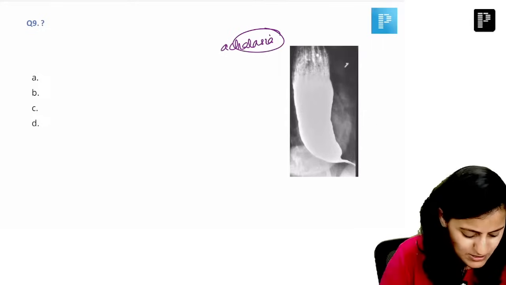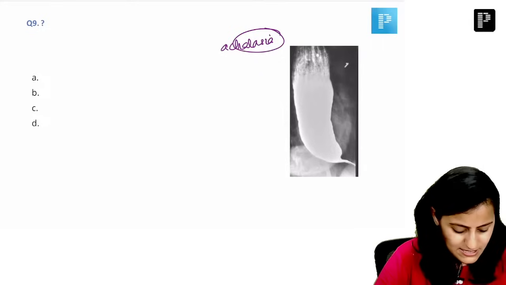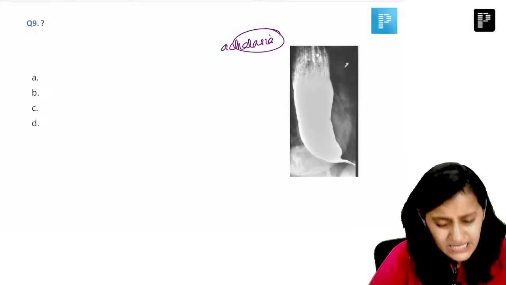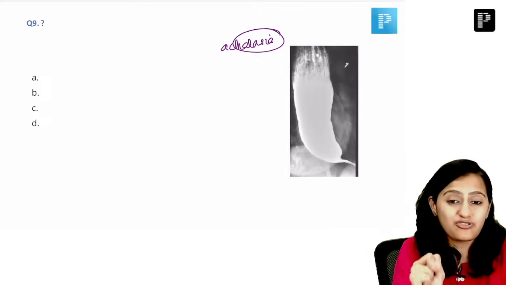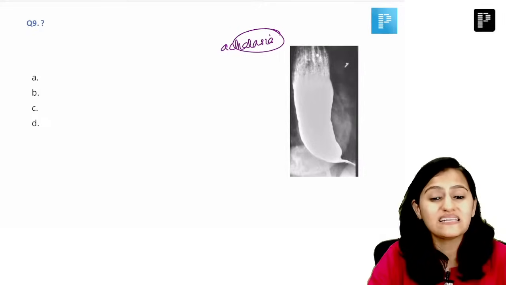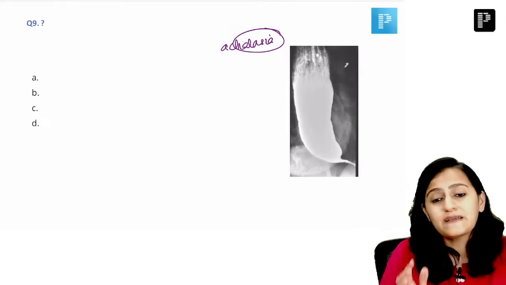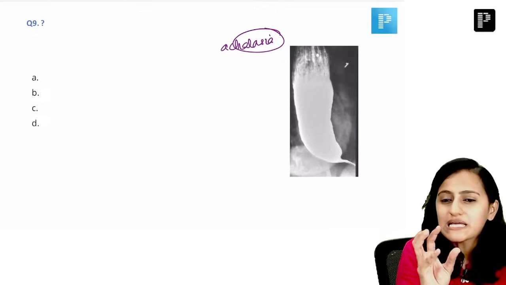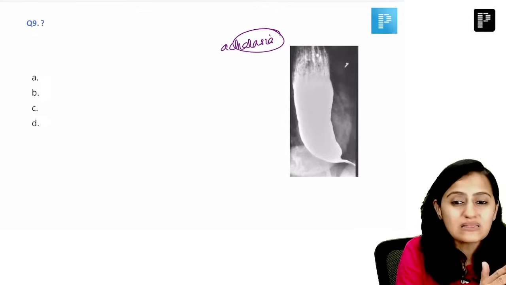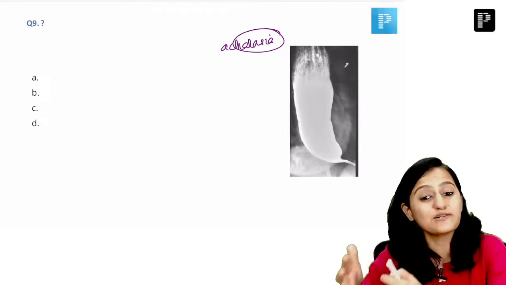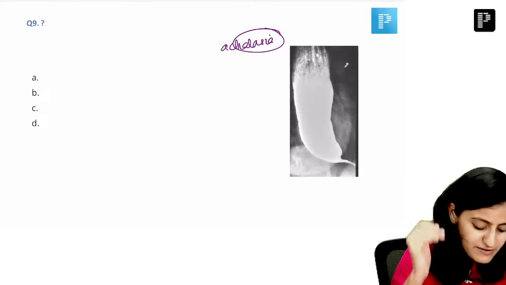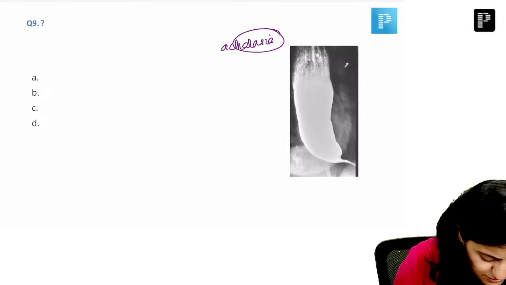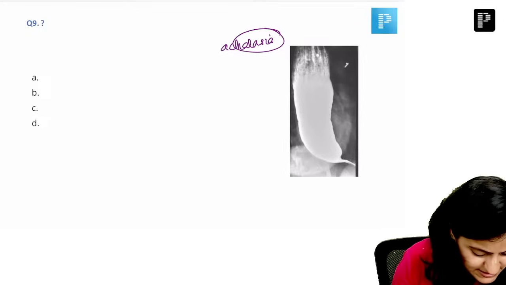Now remember that when the lower esophageal sphincter is contracted and the entire esophagus is dilated like this, it is achalasia. Carcinoma esophagus will be more irregular narrowing and more common in the mid-third of the esophagus, not at the lower esophageal sphincter like you are seeing. Here the entire esophagus is dilated. The sigmoid esophagus is what it is called. It is achalasia.